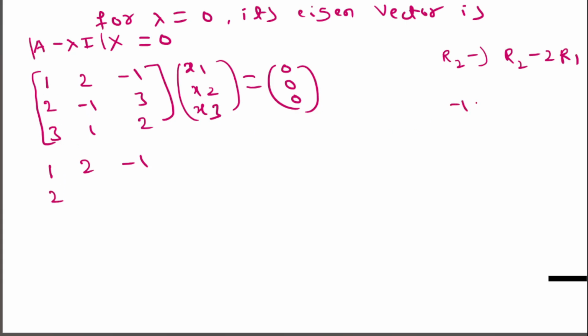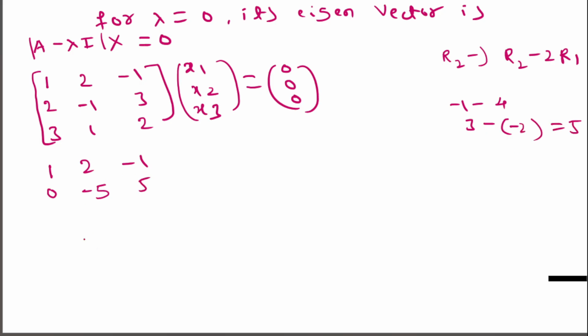Next, minus 1 minus 2 into 2 is minus 5. Next, 3 minus, here minus 1 into 2, that is minus 2, that is equal to 5.